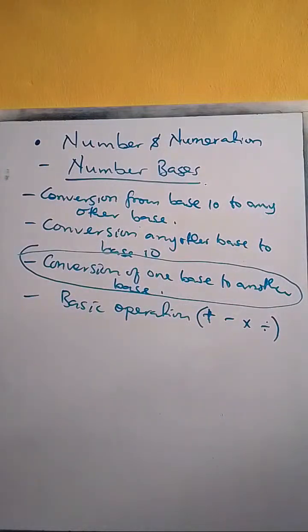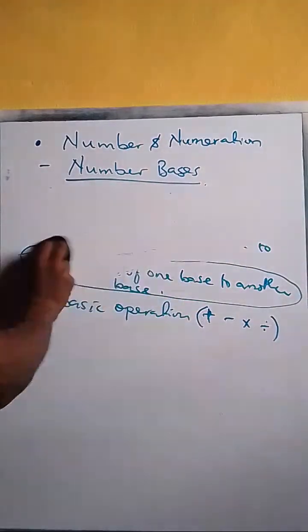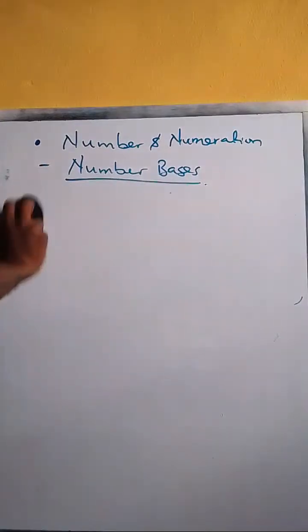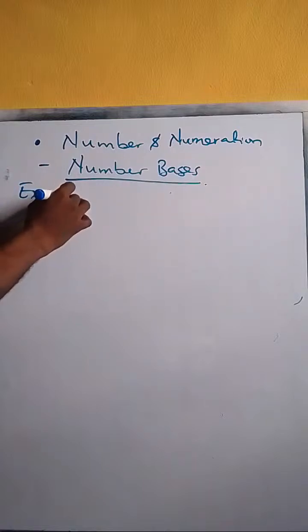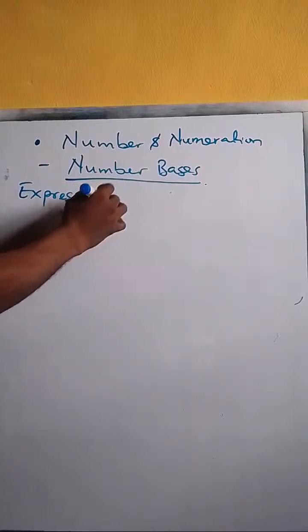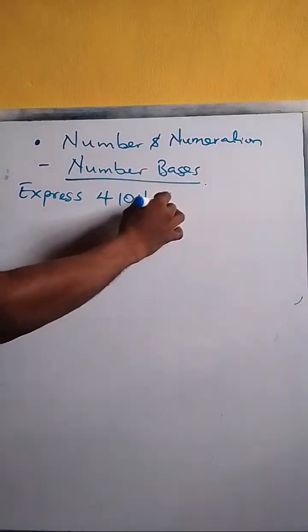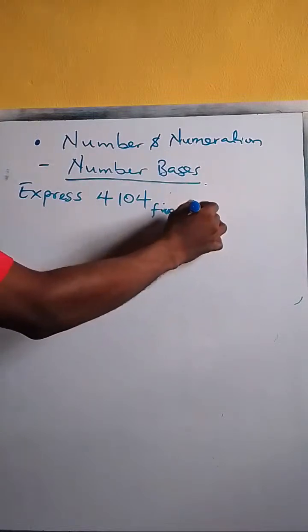Now, for instance, let's look at what we have here. In this particular question, the question says, express 4104 base 5 to denary.